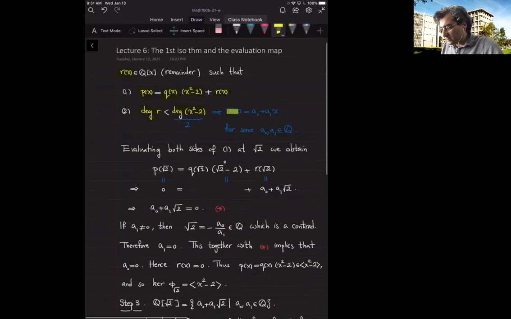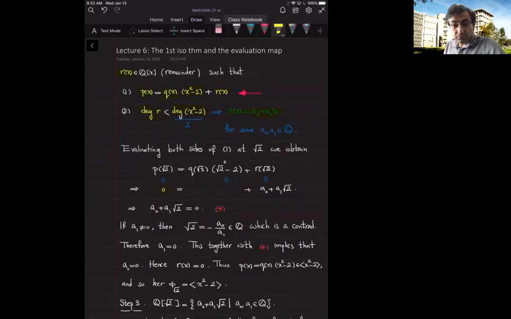But we don't have any term of larger degree. So now we have a fairly good understanding of what r is, but I want to show that r is 0. So let's evaluate both sides of this. I'm going to substitute root 2 for x. Now, I do know, as part of the assumption, that p is in the kernel of the evaluation map, and therefore when I plug in root 2, I end up getting 0.